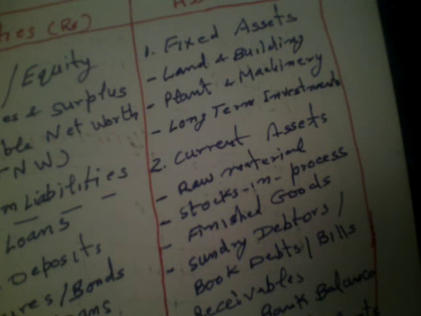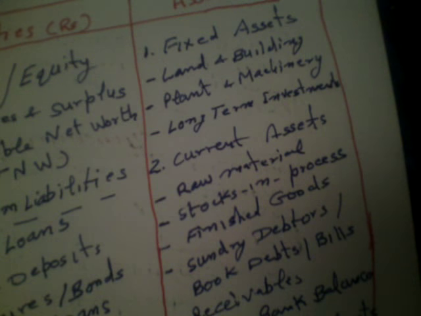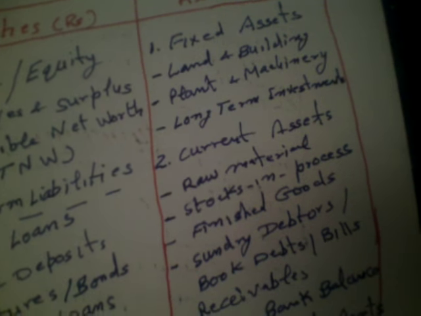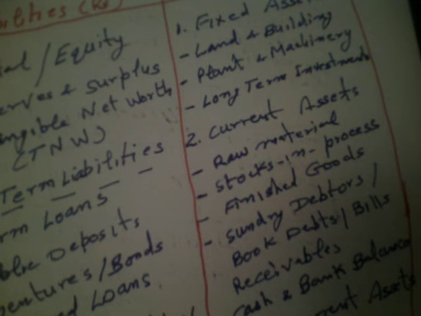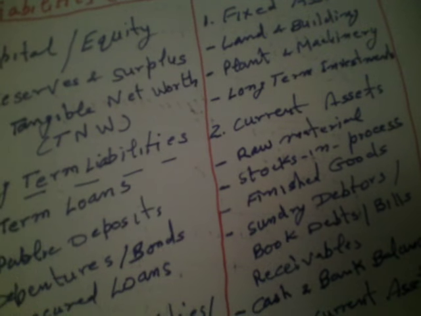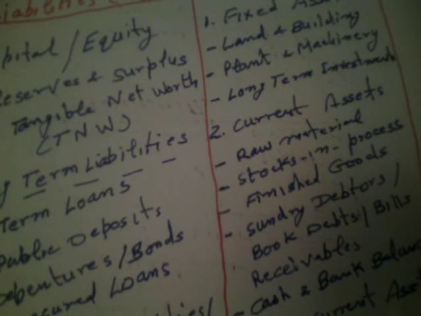So what are the current assets? Current assets are those assets which are required to produce the product or finished goods, and they are saleable in the market.